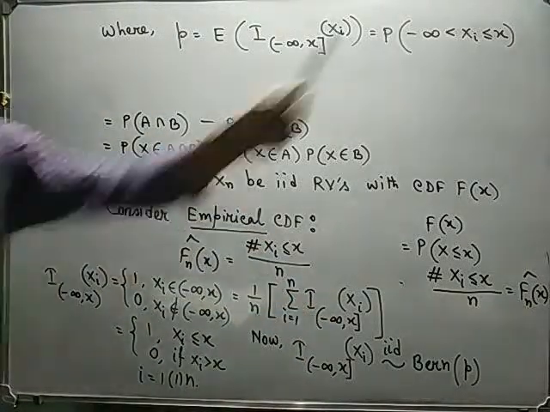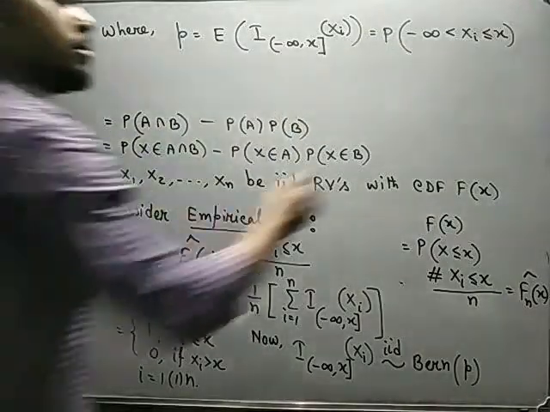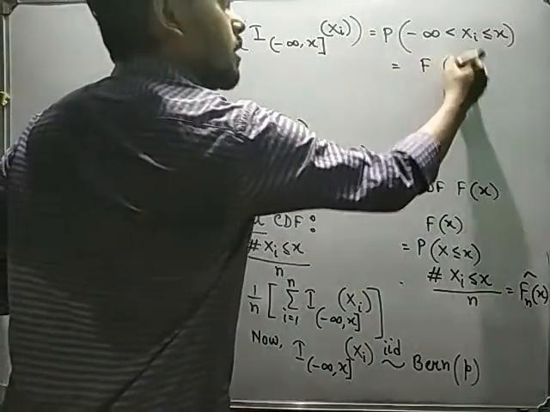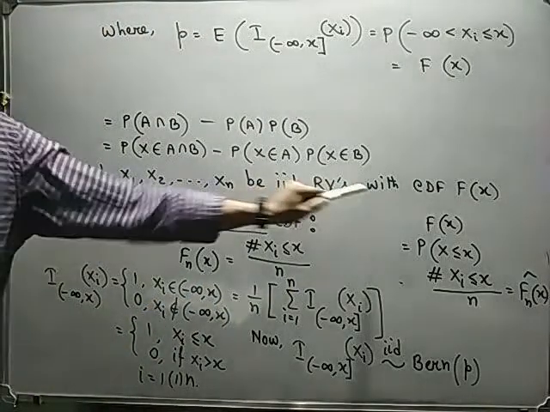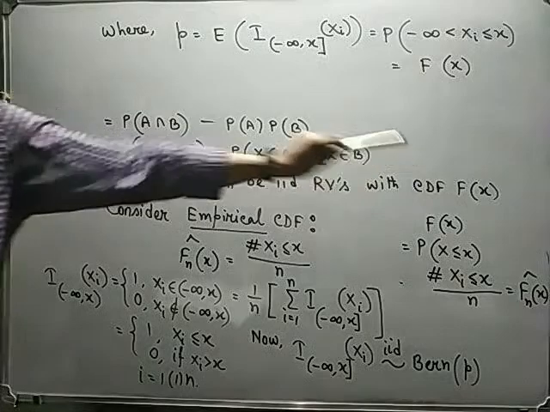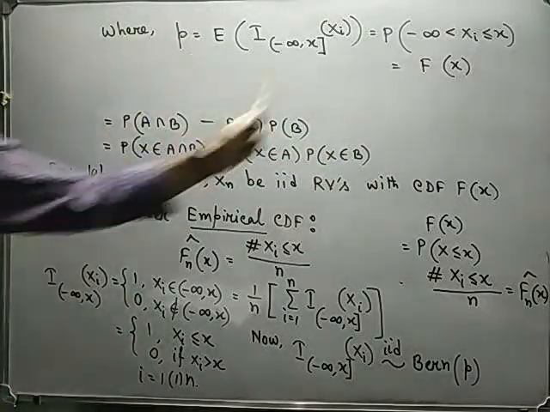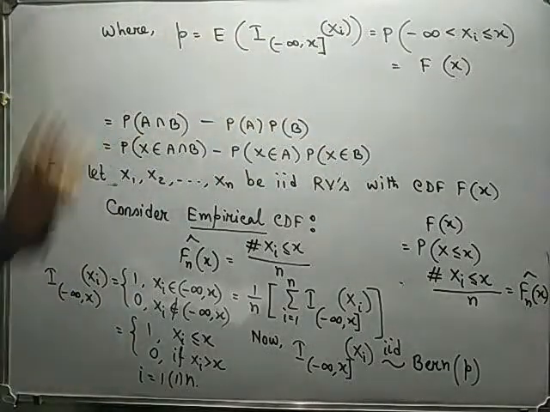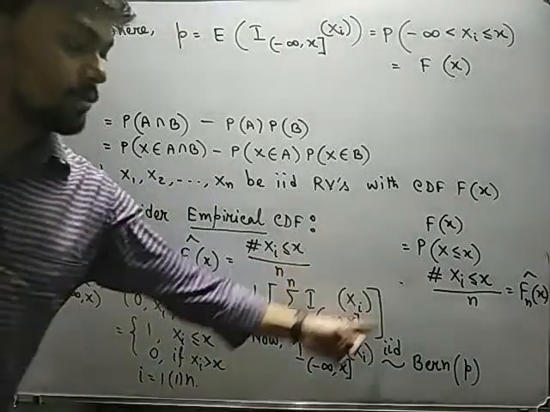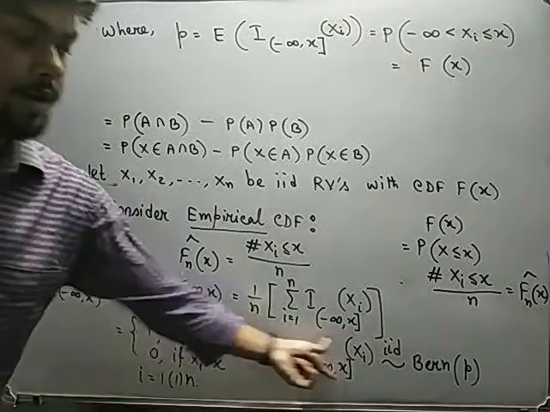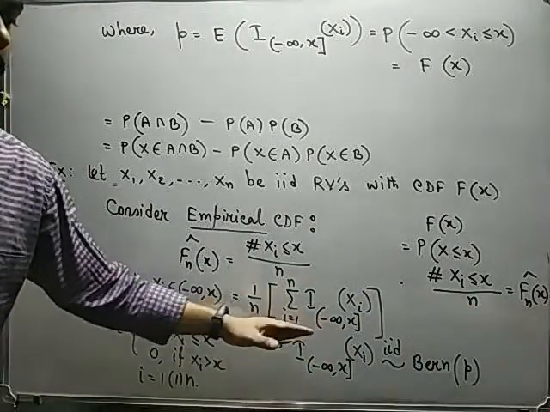Now this quantity is nothing but capital Fx, as we have defined X1, X2, ..., Xn, each and every one has the CDF of capital Fx. So this p is exactly capital Fx, and Bernoulli(p) means Bernoulli(Fx).